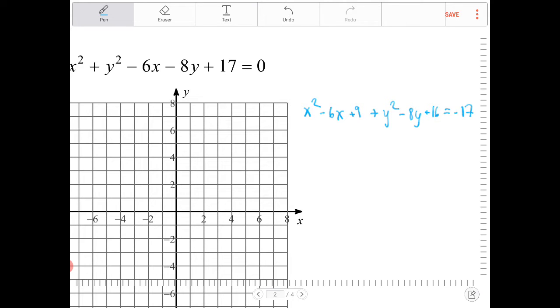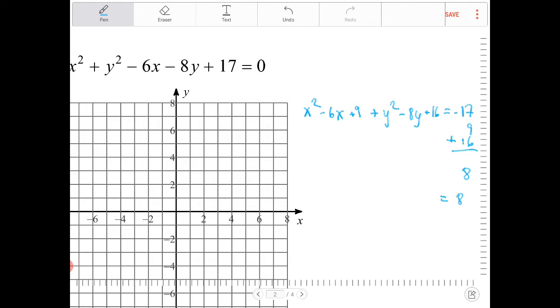So I've added 9 and 16 to the left side, and I need to add 9 and 16 to the right side. So the right side will then become 25 plus -17. That will give me +8. Did I do that right? I did do it right. Yes. Okay.